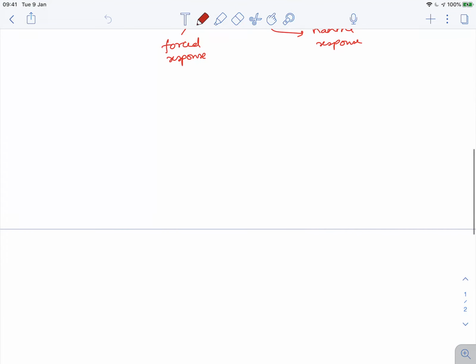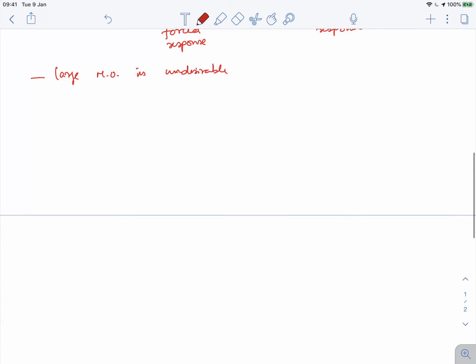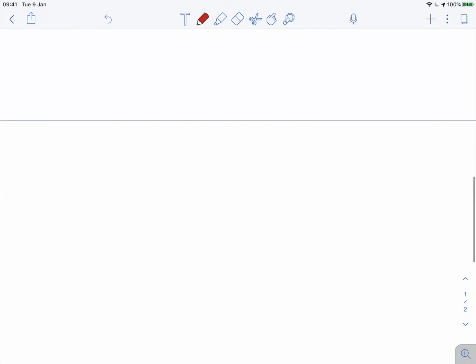So why do we call that undesirable? Let's write this: large maximum overshoot is undesirable. The reason behind this is, let's recall the closed loop system.